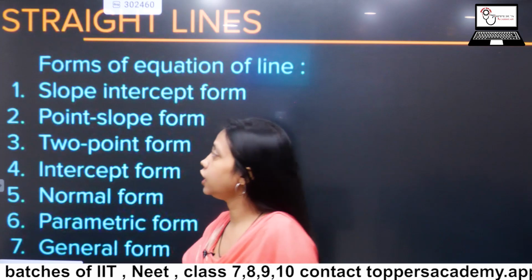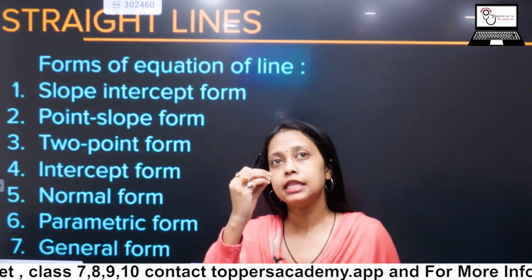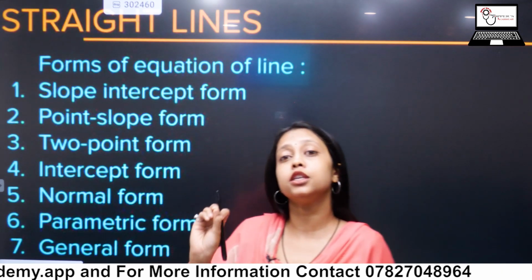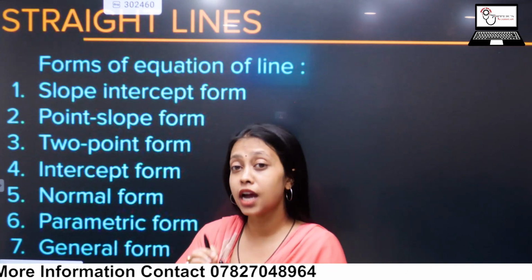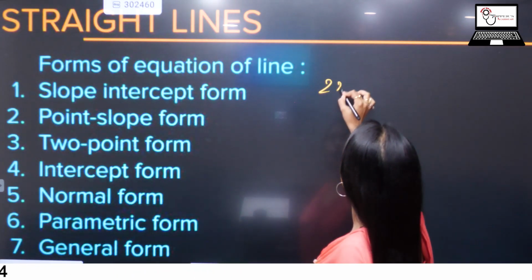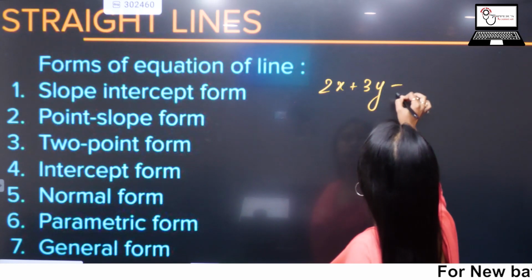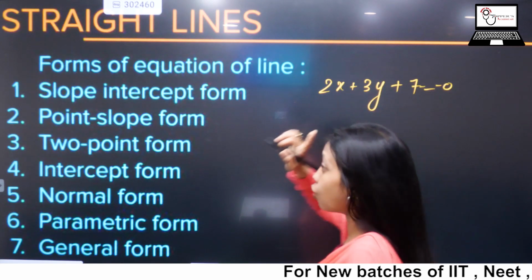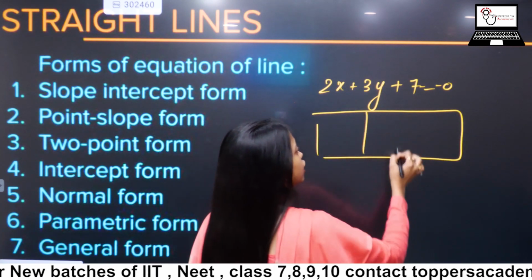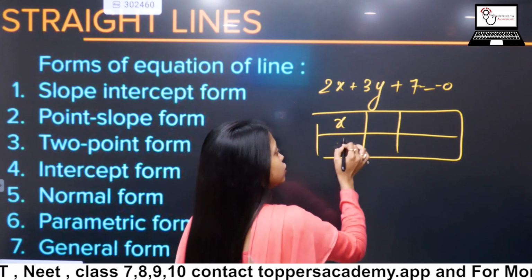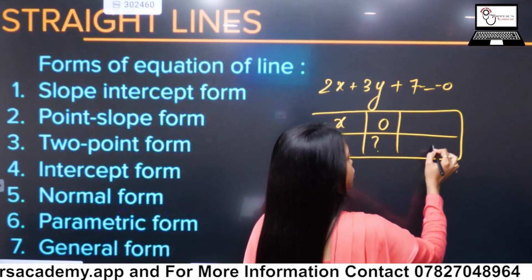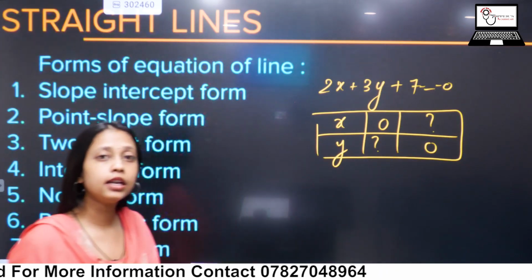We have the equation of a line. This is not something that you are untouched with. You already know what the equation of a line is. In junior standards, in class 9, class 10, we learned that if you have an equation of the form 2x plus 3y plus 7 is equal to 0, we used to make a box containing the values of x and y. You substitute x is equal to 0 and find y, and you substitute y is equal to 0 and find x.